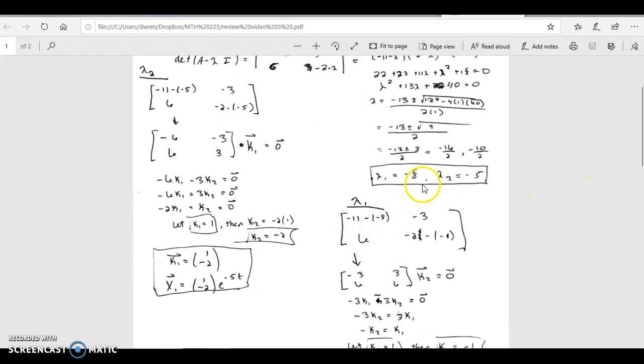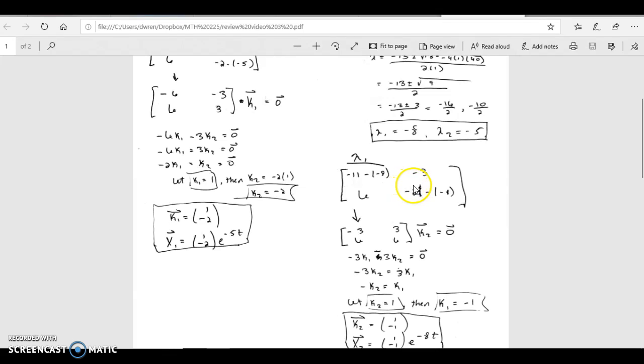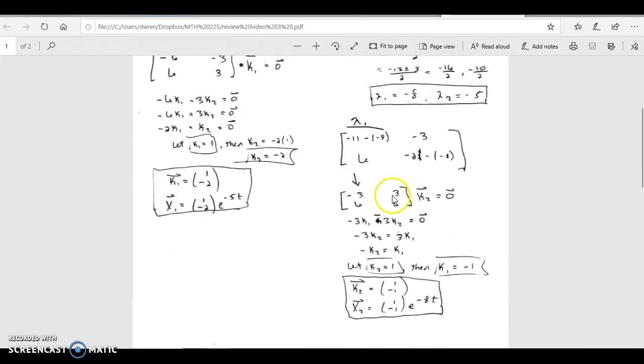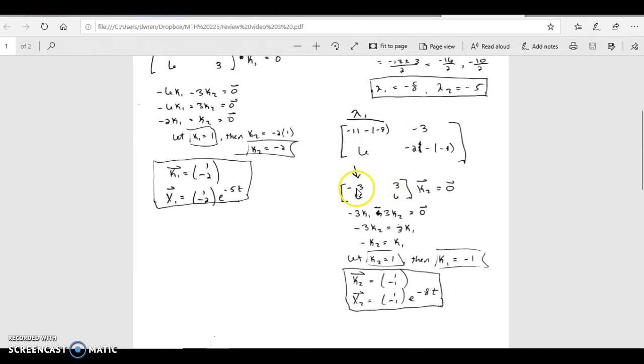Now taking our lambda 1 of negative 8, doing the same process over again. Substituting in negative 8 for lambda, we get the matrix of negative 3, 3, 6, and 6, multiplying that by the k2 vector and setting it equal to the 0 vector. Excuse me, let me backtrack for a second.